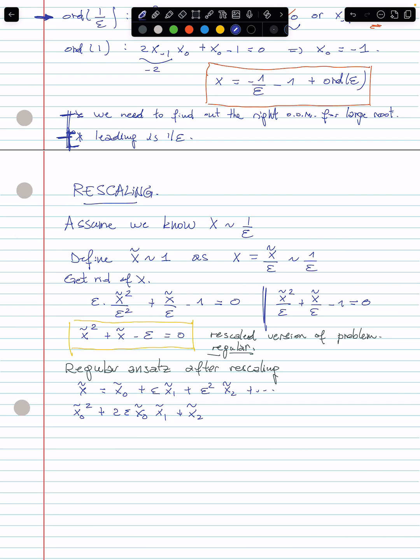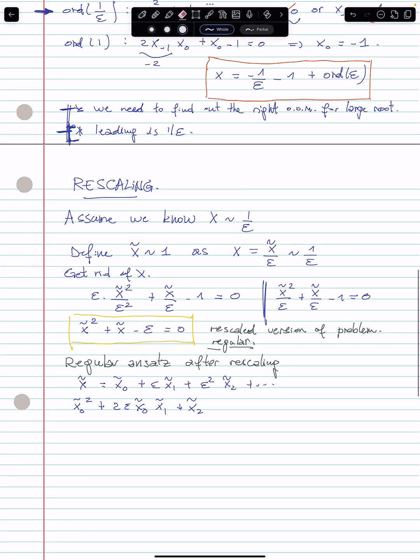x tilde squared, so this is the first one squared plus a double product plus terms of epsilon squared will be twice x0 x2, and then we have x1 tilde squared epsilon squared, then plus x0 tilde x1 tilde epsilon squared x2 tilde minus epsilon.